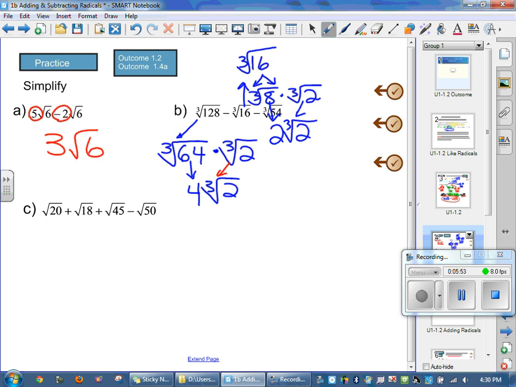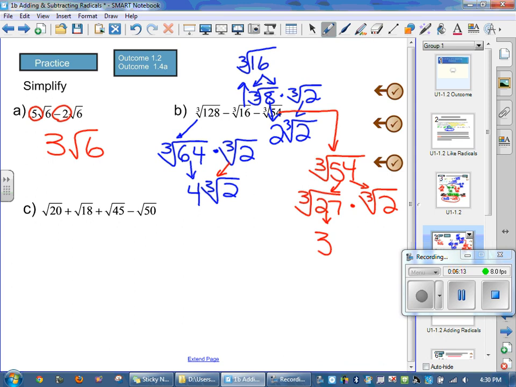My last one is cube root 54. Cube root 54 breaks down into cube root 27 times cube root 2. Cube root 27 is 3. I bring that in front of cube root 2.